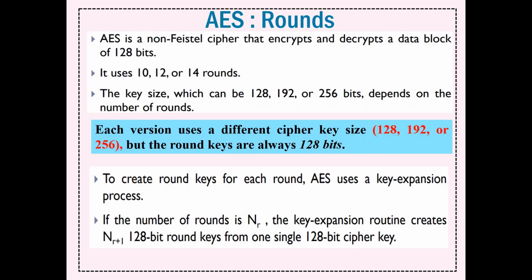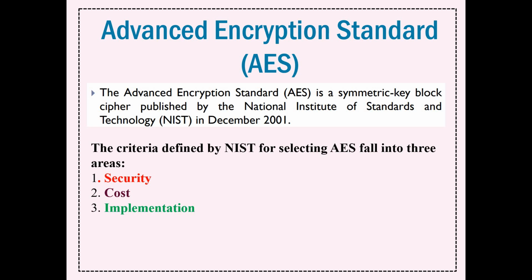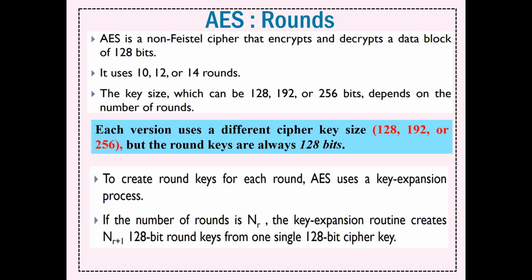You can see 3 areas for selecting this: one is security, second is cost, and the next one is implementation. It is relatively simpler to understand and implement. Again, the rounds and the keys are different, but the rest of the things will be almost the same. Let's see one by one what the properties of it are.